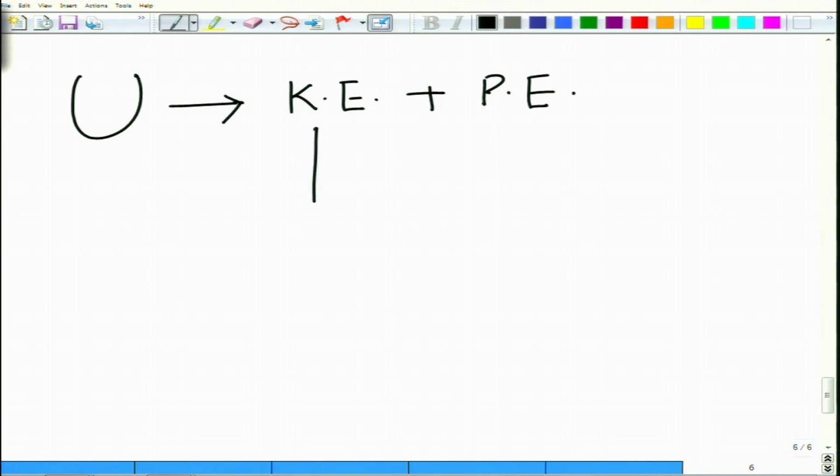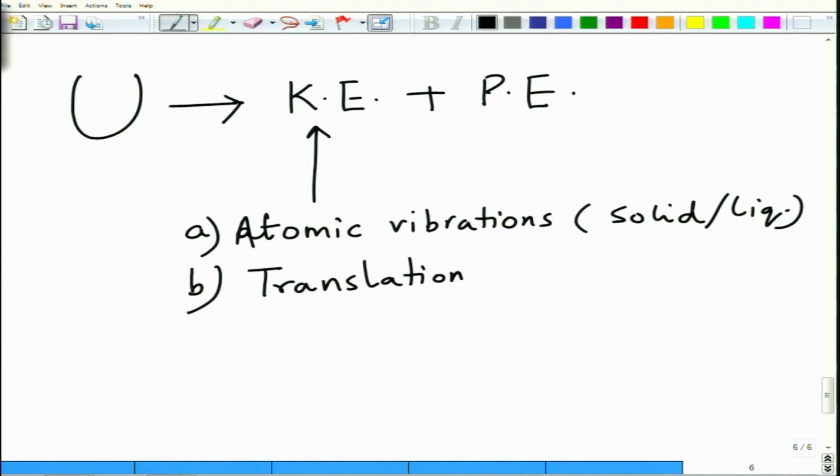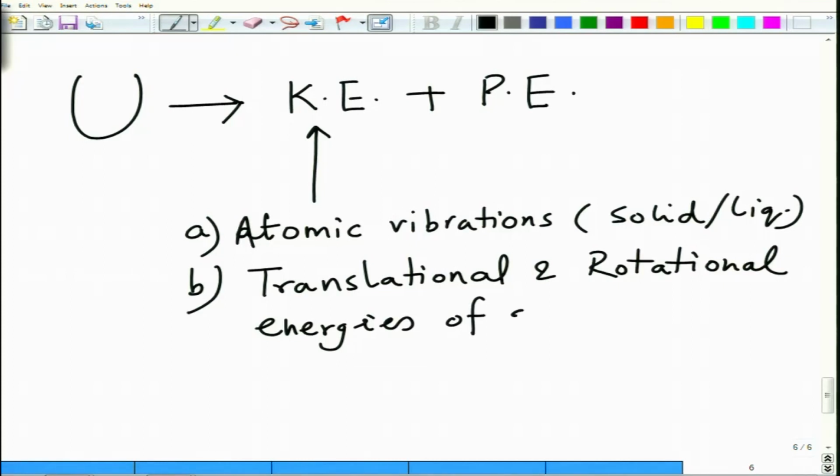Kinetic energy may arise from, let us say, A, atomic vibrations, B, atomic vibrations in both solid and liquid phase, and translational and rotational energies of atoms or molecules.